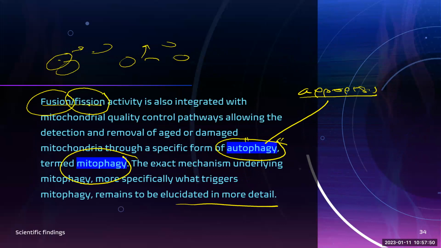This activity is also integrated with the mitochondrial quality control pathways, allowing the detection and removal of aged or damaged mitochondria through a specific form of autophagy called mitophagy. So it's a kind of programmed cell death. Mitochondria can induce death if there is damage.